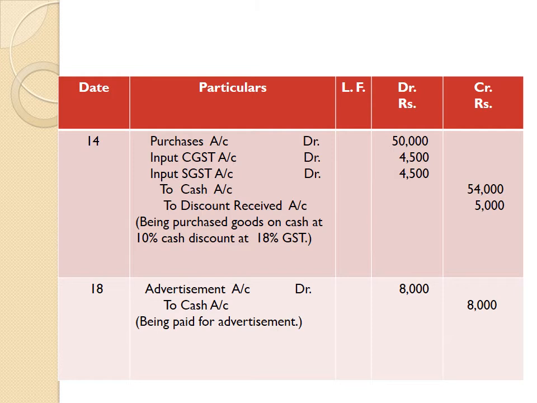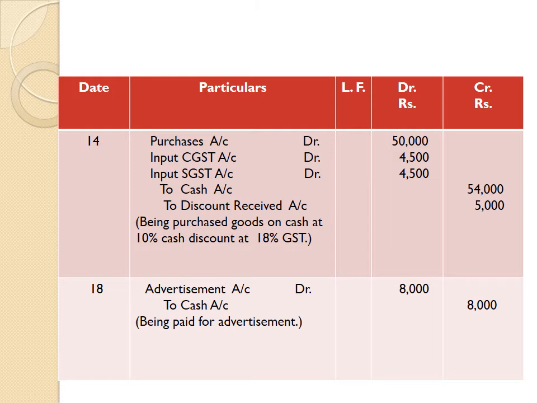It has been divided into two parts. So 9,000 upon 2 is equal to rupees 4,500, one part related to central GST, and another rupees 4,500 related to SGST.